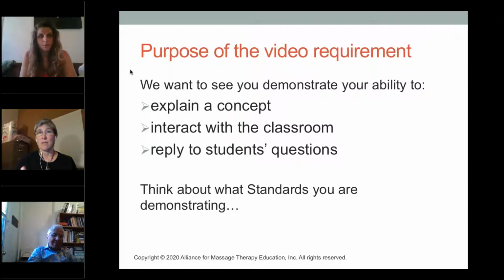We want to see you demonstrate these abilities that maybe you've also, in all the other parts of your portfolio, indicated in some way how you meet those competencies, how you meet the core competencies, but this allows you to really demonstrate it. So in a way, this is that part of the portfolio where the rubber meets the road, right?